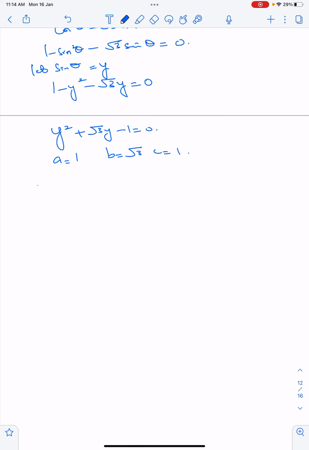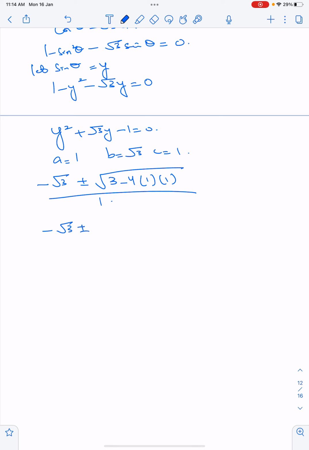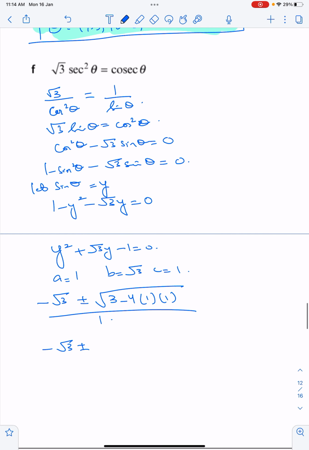So, minus b plus minus root of b square minus 4ac upon 2a. Minus root 3 plus minus.